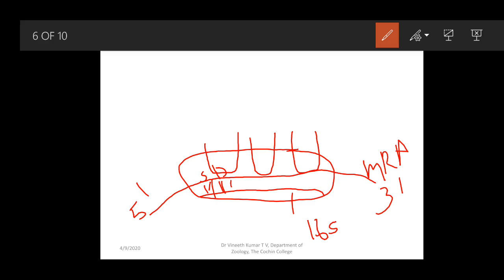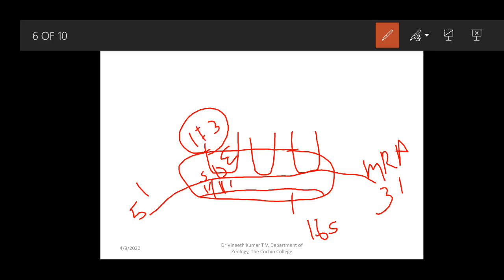Of the 3 initiation factors, we'll start with IF3. IF3 is found attached to this region, somewhat near the E site. You can see this IF3.